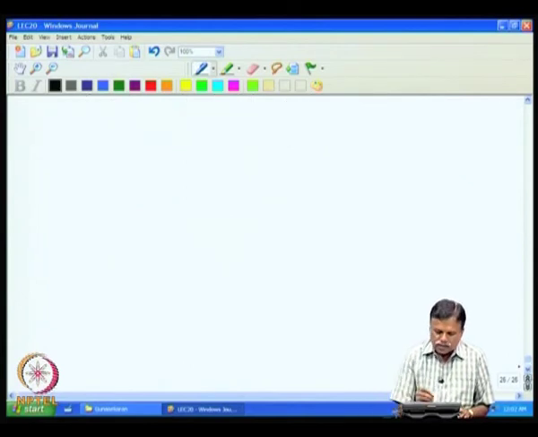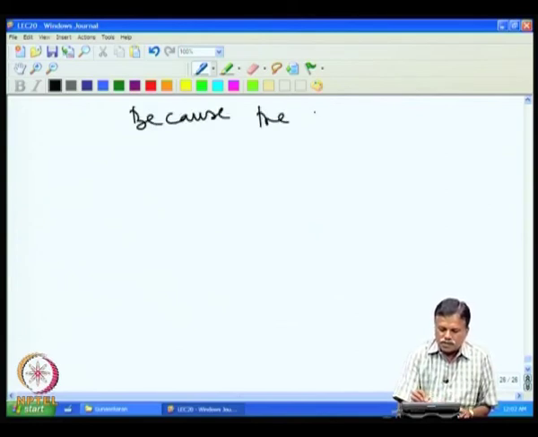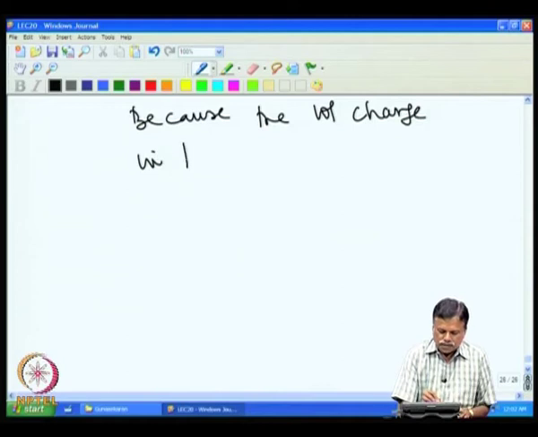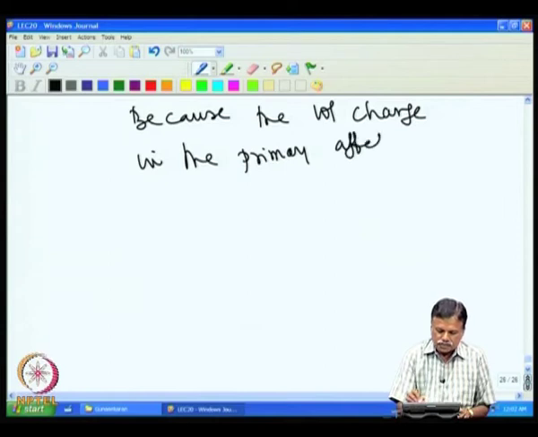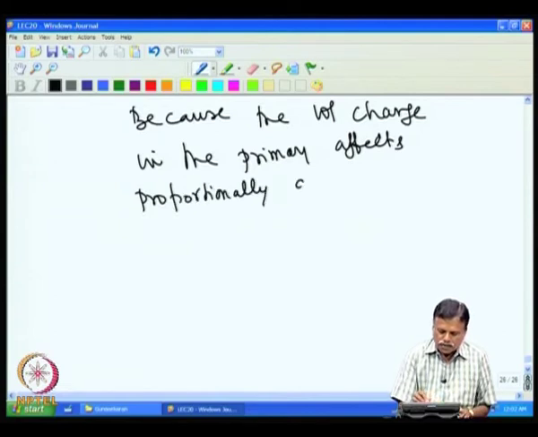This is because the change in the primary voltage affects all the secondaries proportionally.